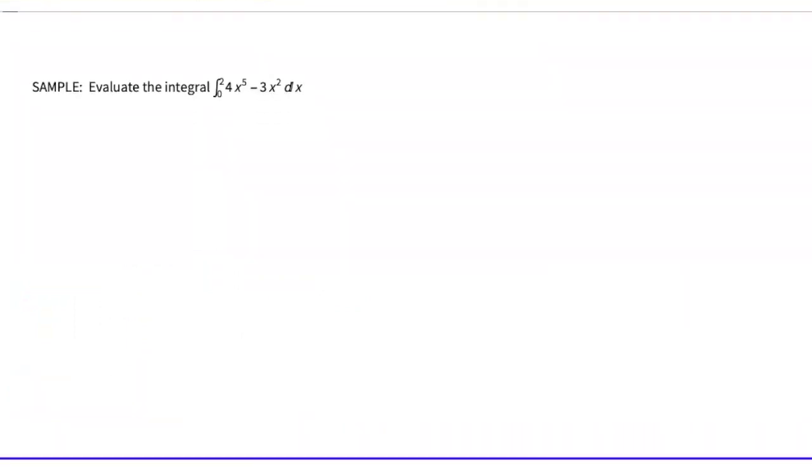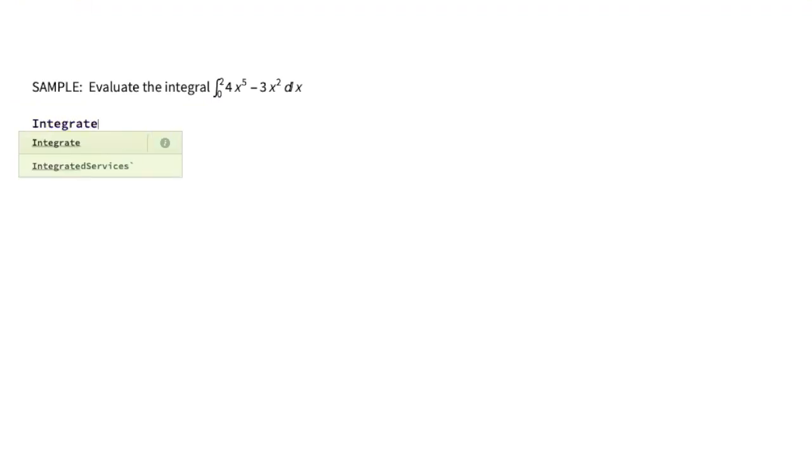Now, the only difference between the indefinite integral and the definite integral is the definite integral actually calculates a number for you. Remember, the definite integral represents the area under the curve, in between the function and the x-axis, between whatever x values you specify. And as far as commands go, you've got the same choices here.